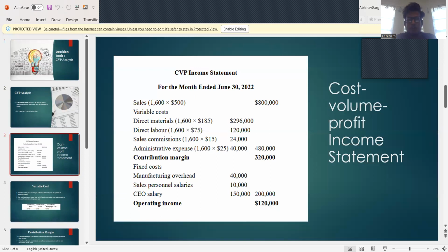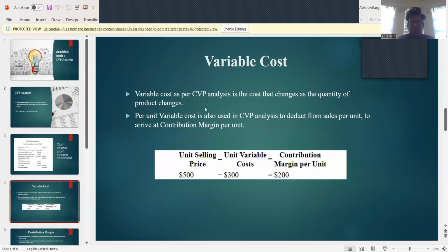Now the CVP income statement. First of all we see the sales, then we deduct the variable cost, we get the contribution margin, and then we deduct the fixed cost, and then we arrive at operating income or loss. Now we have to discuss the variable cost, that is the cost that changes as the quantity of product changes.